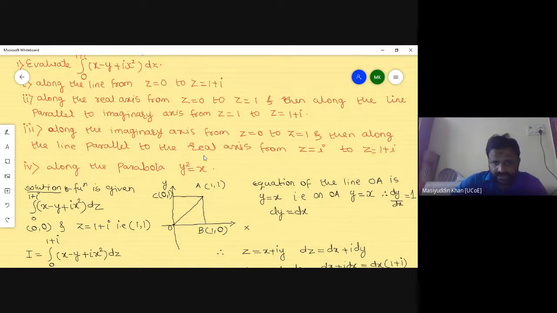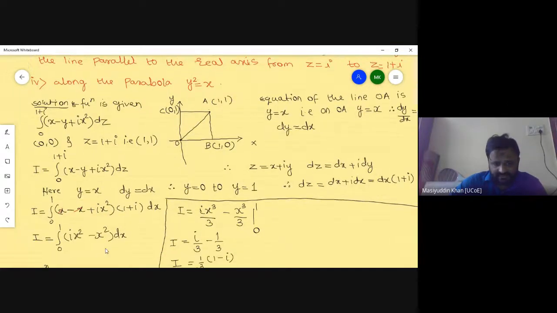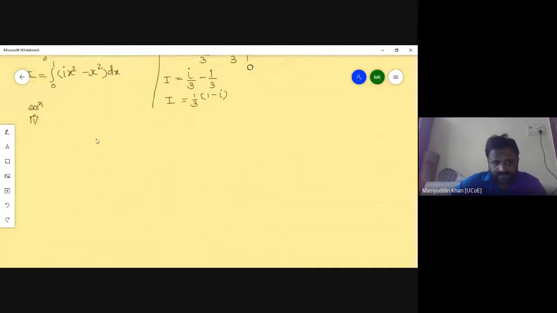So we should be aware about real axis and imaginary axis. So according to that we can tackle this kind of problem. Now moving ahead with the solution of this part.